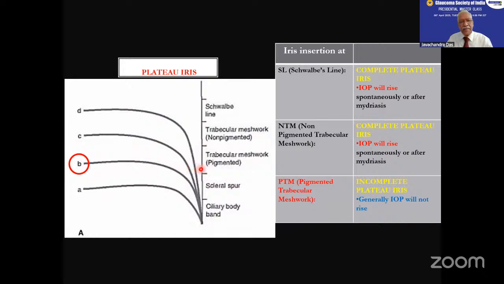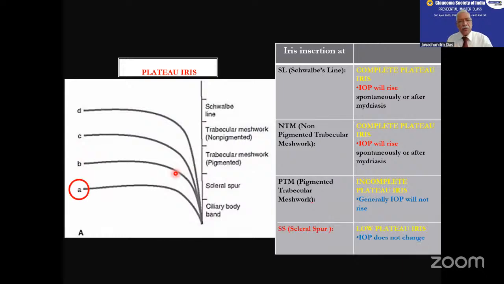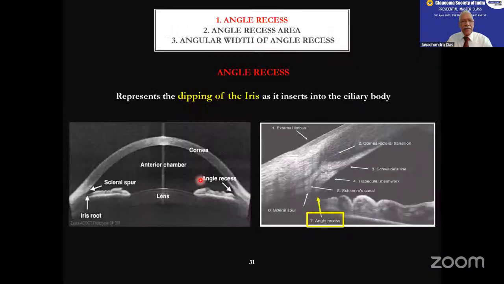Some part of the trabecular meshwork pigmented area is still free, so intraocular pressure may or may not rise. That is the third position. Let us talk about the fourth position, where the iris after dilatation is touching the scleral spur and the drainage areas are open, so it is not likely to increase the intraocular pressure. This is a low plateau iris.